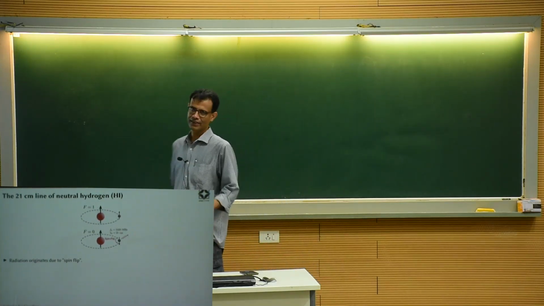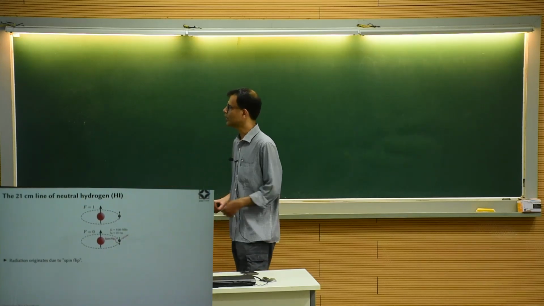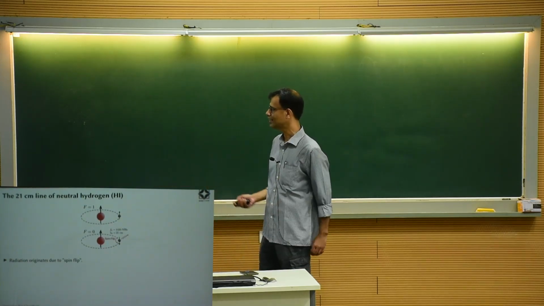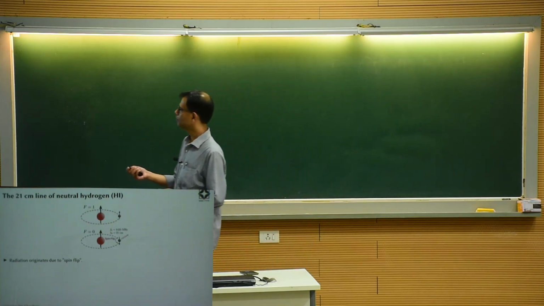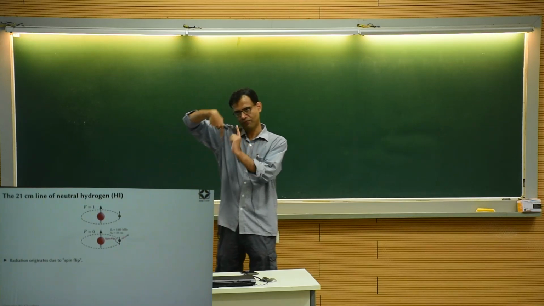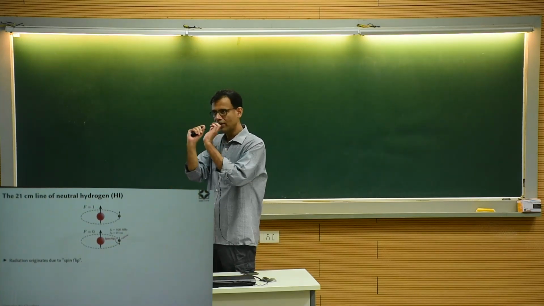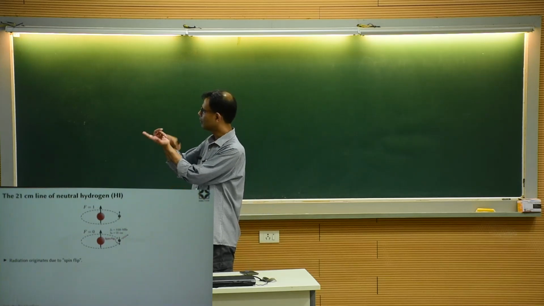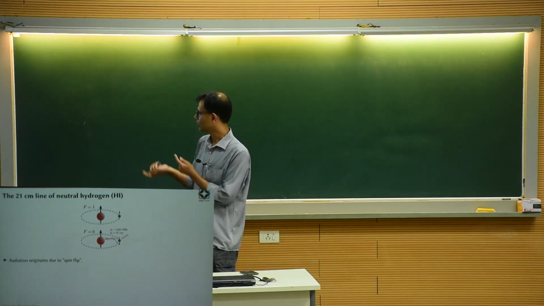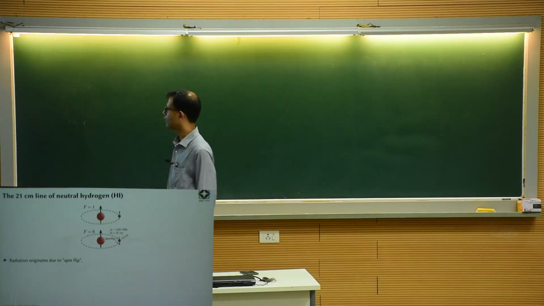And this originates because the ground state of the hydrogen atom is split into two states, depending on whether the electron spin and the proton spin are aligned or anti-aligned. This gives a small difference in energy, and depending on whether the electron can flip its spin, there will be emission.